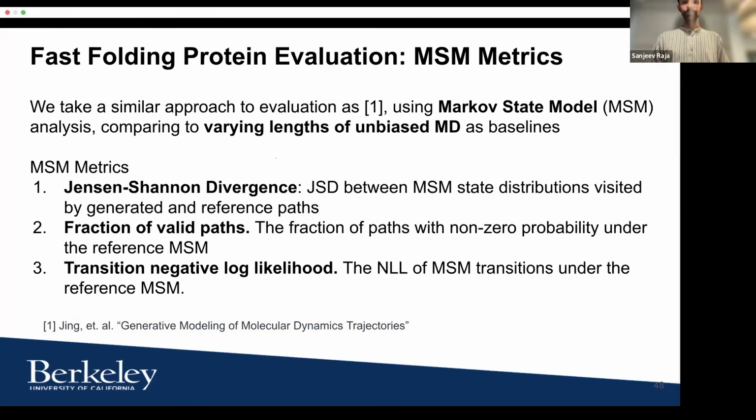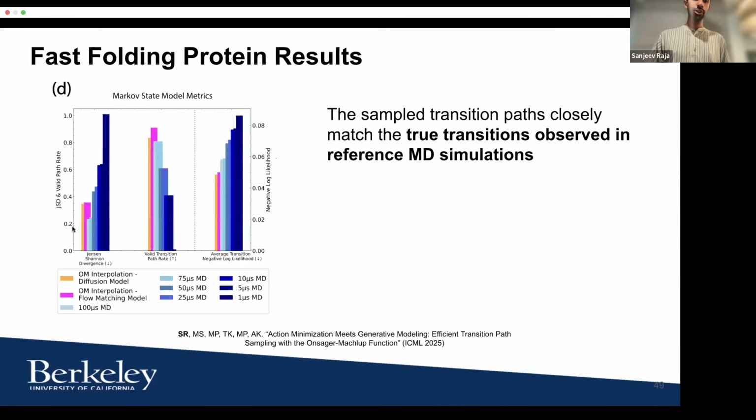We show that compared to varying lengths of MD simulations, from 1 microsecond to 100 microseconds of MD, these lengths of MD simulation often don't observe any transitions because transitions are rare.